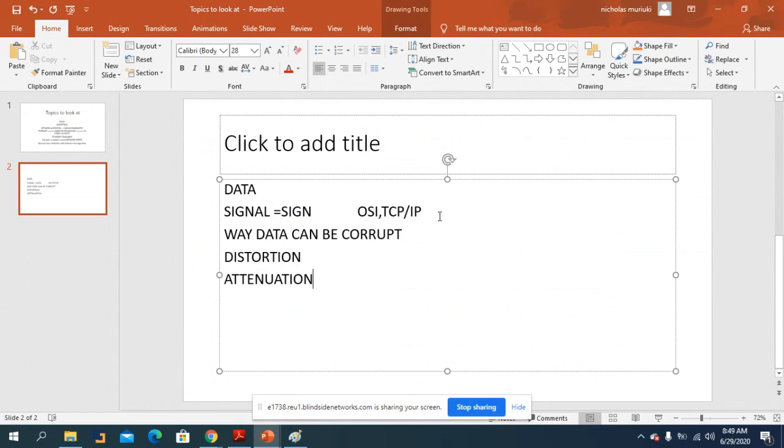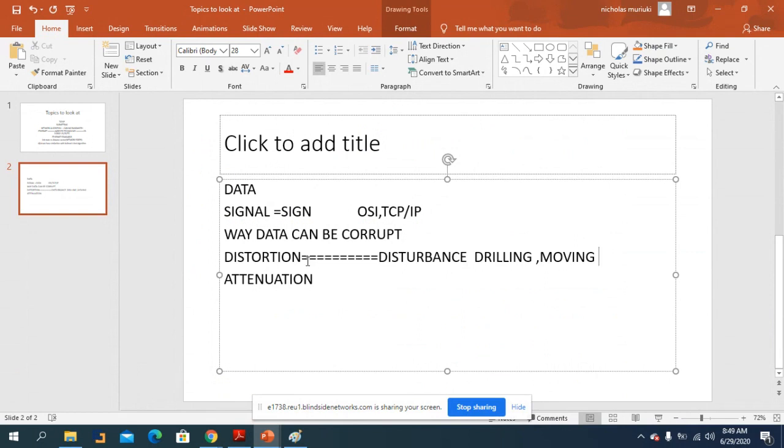Now, what results in distortion? Distortion is when there is disturbance in communication. Maybe there is a sound coming because of drilling, or because of objects moving. That can result in distortion.